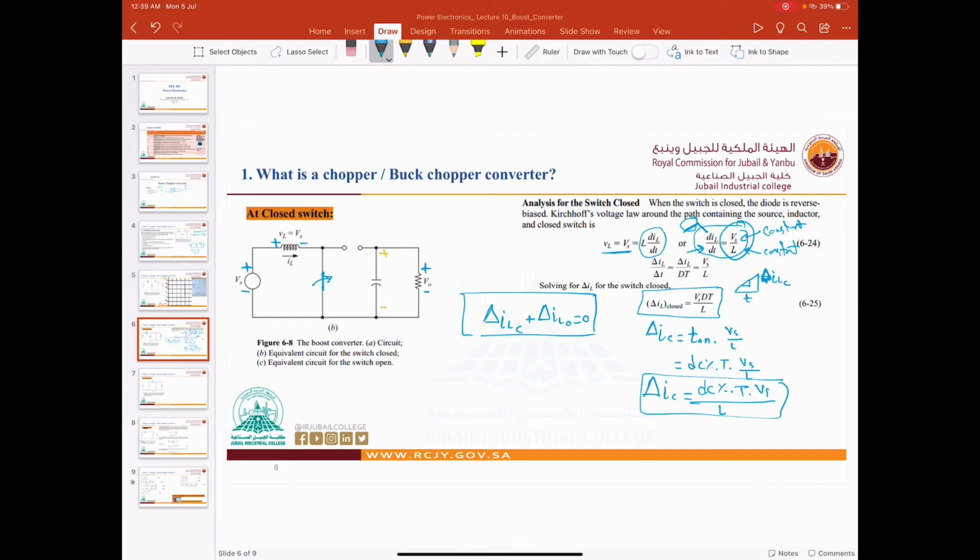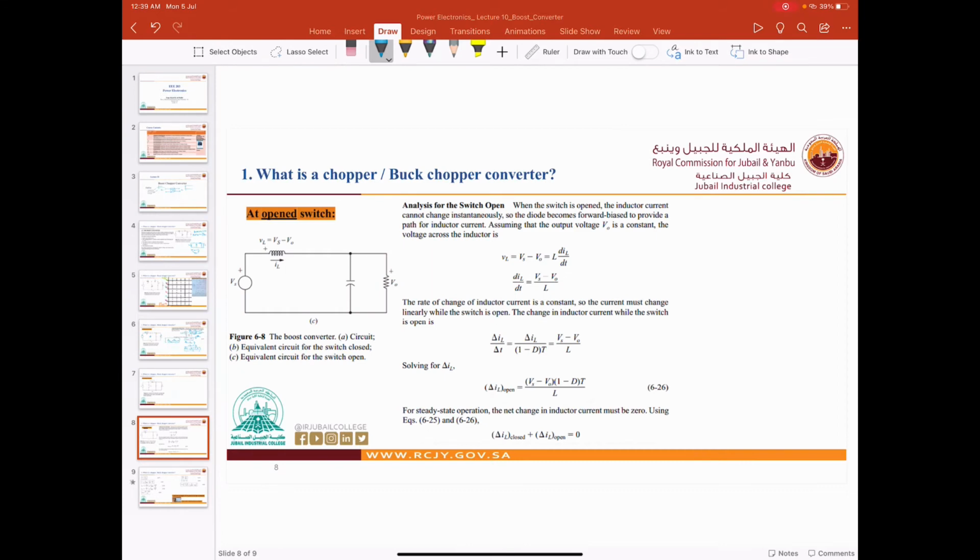Now for the open switch, shabab, this is the open switch equivalent circuit. If we have an open switch, you remember, it is open, so that's why they remove it. Now our diode was like this. Why is it acting like forward bias now?